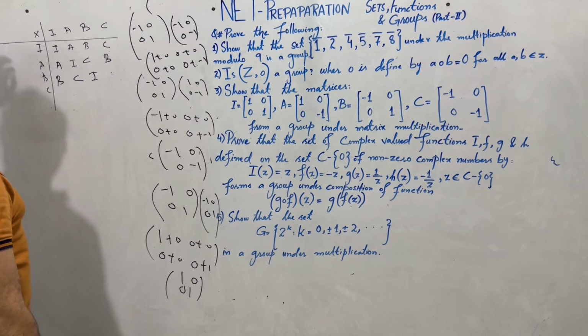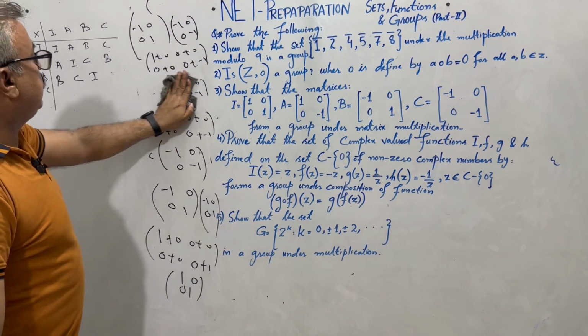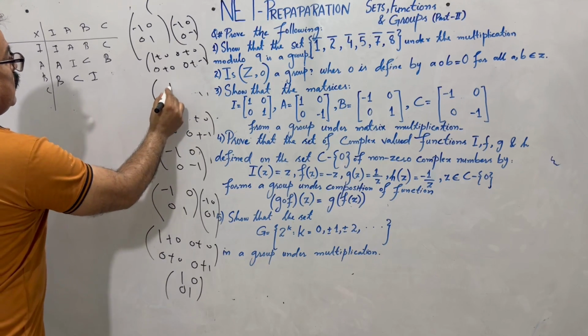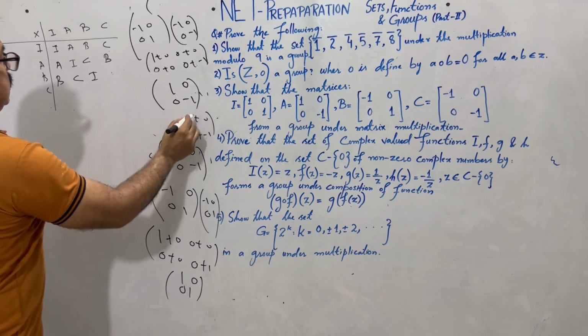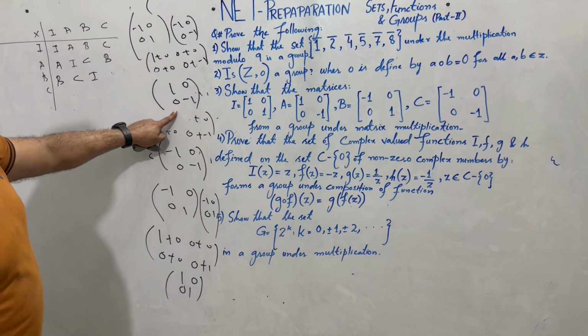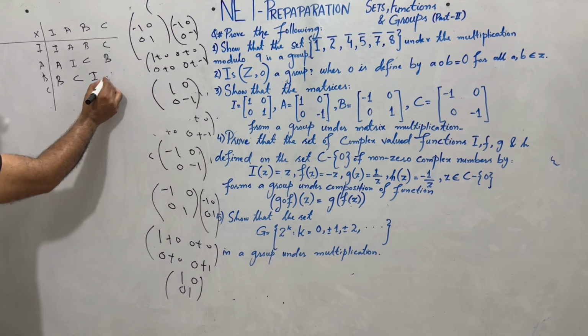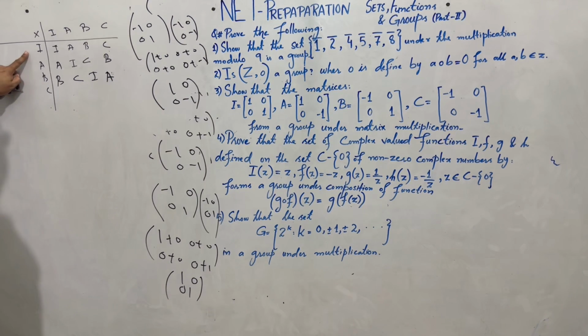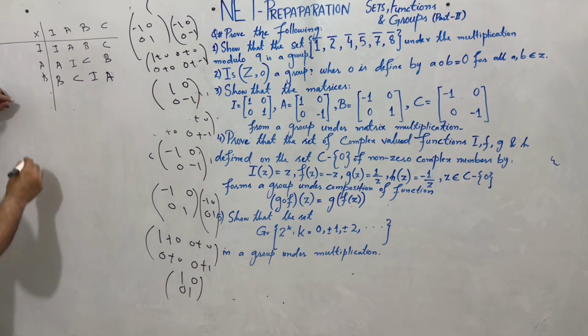So we are going to get [1 0; 0 -1]. It's equal to what? A. That's our A. Column 1, 2, 3. Column 4 is missing.